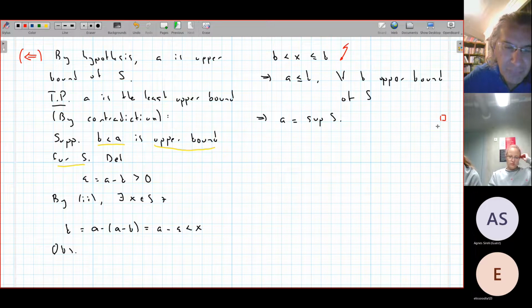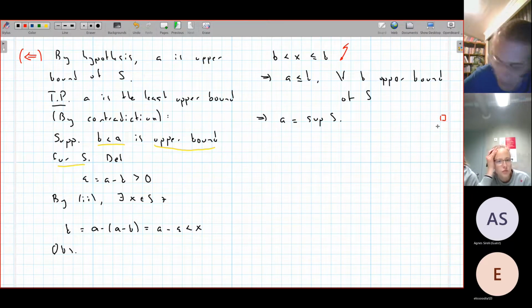Any questions on the proof? After the suppose B is less than A is an upper bound for S, the next word, is it like define?